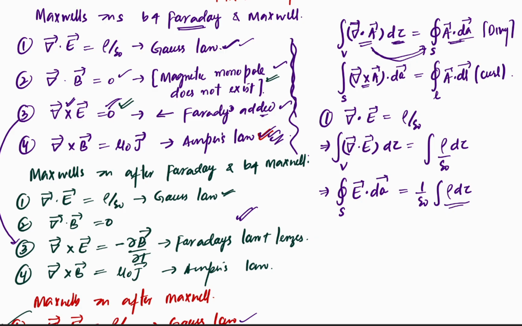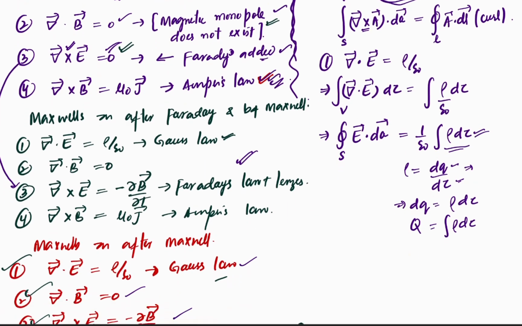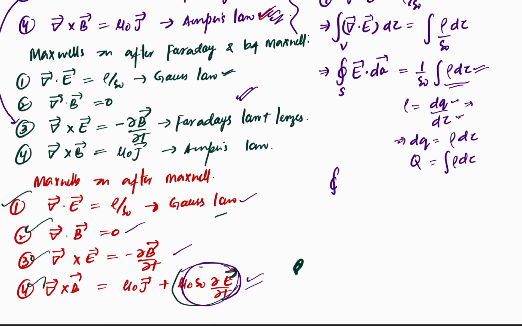Rho d tau is the total charge enclosed, because rho is dq by d tau, charge per unit volume, which implies dq is rho d tau, and taking the integral on both sides, it becomes the total charge enclosed. So we can write this as the closed surface integral of E dot dA equals total charge enclosed divided by epsilon 0. So now this is the integral form.